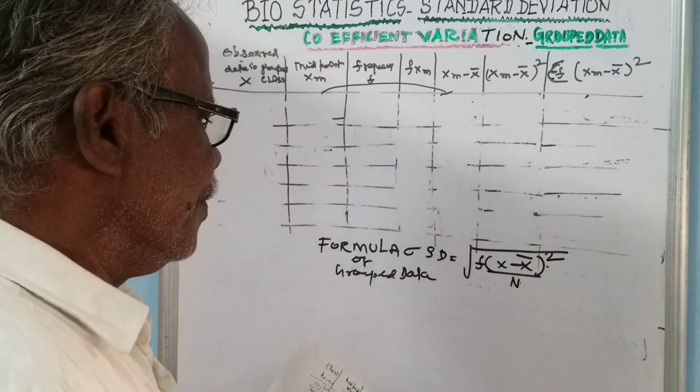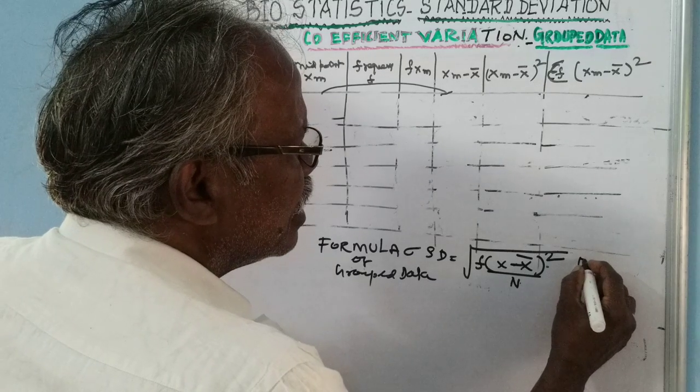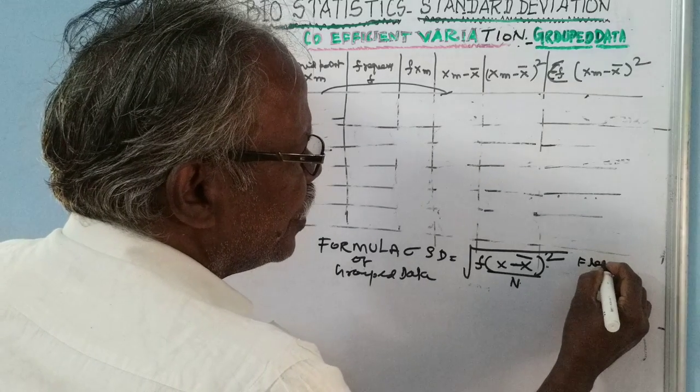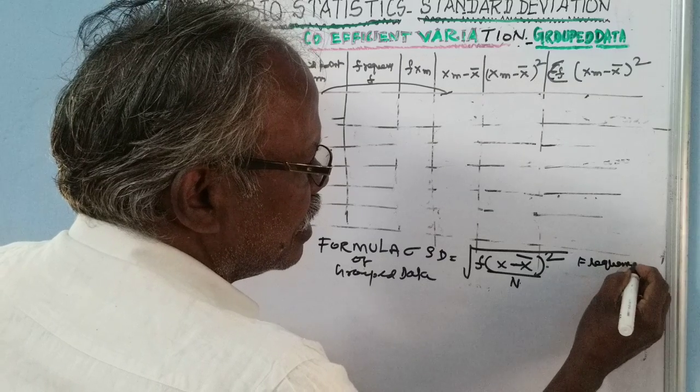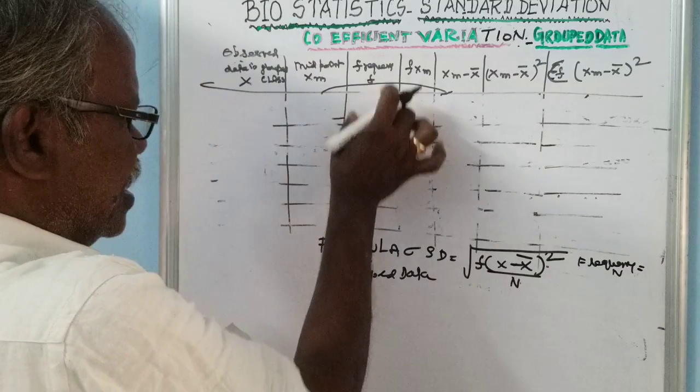This is the formula. The frequency is the n, which they will be giving as the frequency.